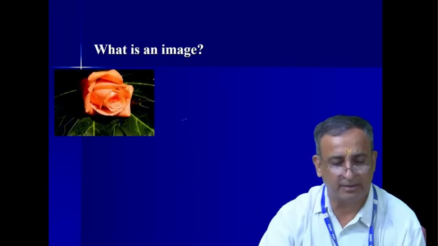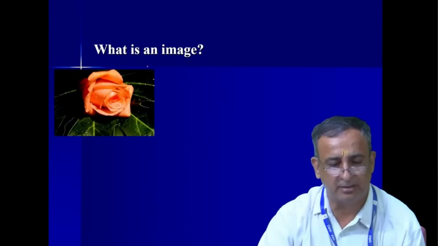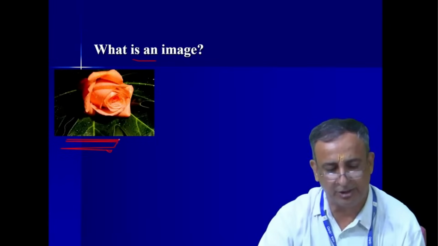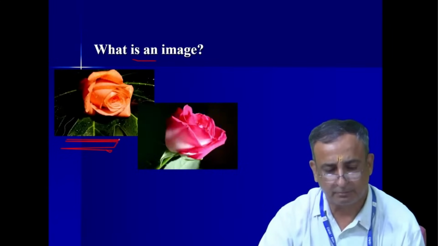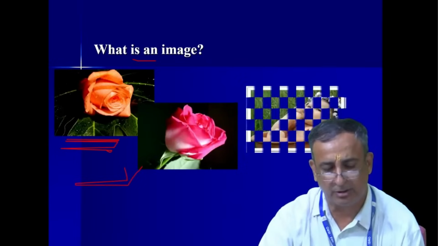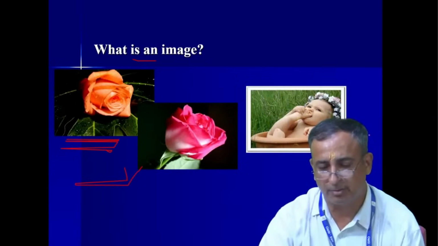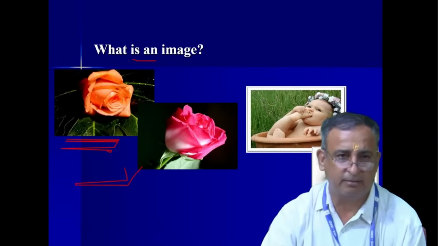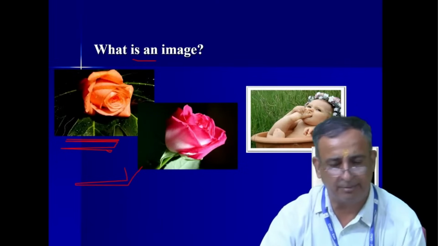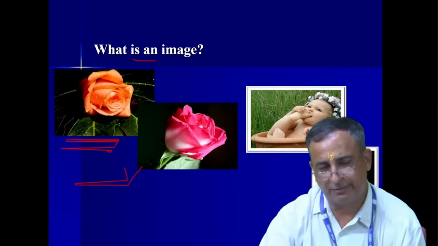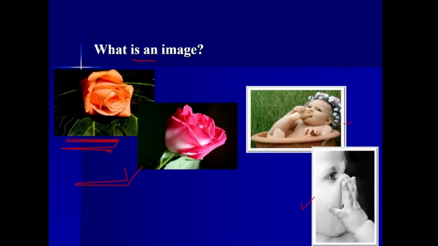Before that, we can just highlight what is an image. You can see these rows also look like an image, this also looks like an image, this also, and this also looks like an image. But if you try to define the image with a book definition, a pictorial representation, it is not understood by a person who is going for digital image processing.